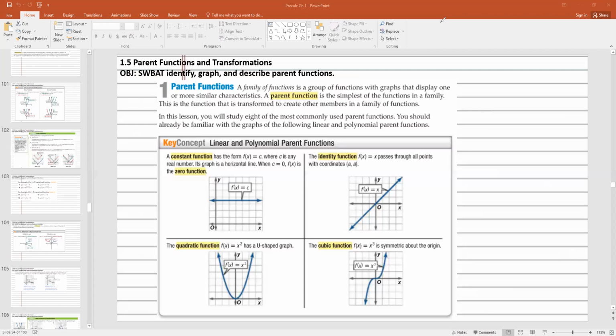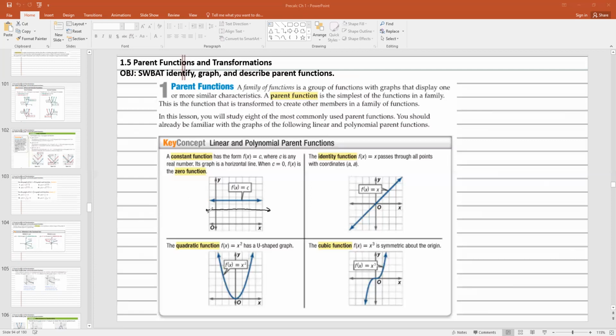So the first one that we always start off with is the constant function. The constant function is just a line. So it's f of x equals c. It's a horizontal line wherever that c is. So for example, if c is 2, then it is f of x equals 2.